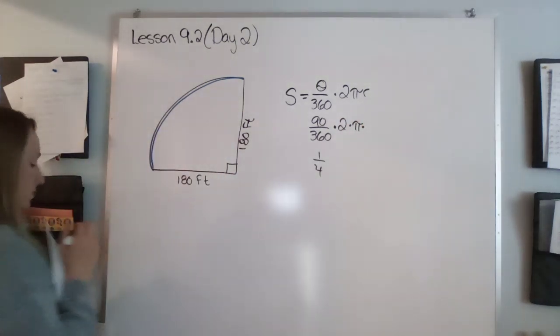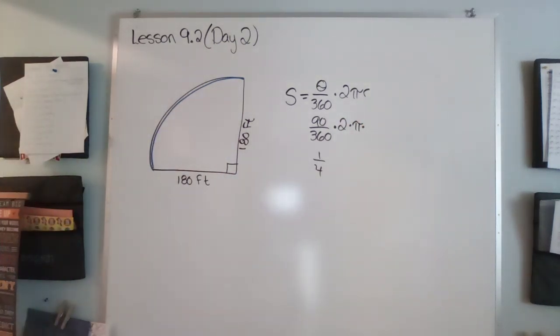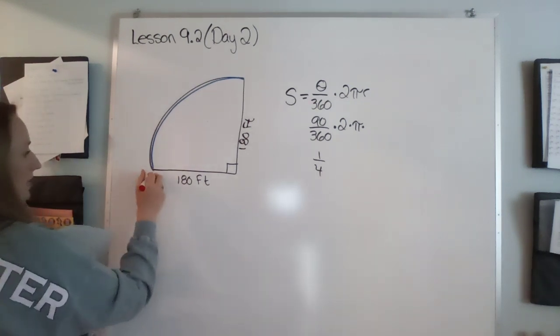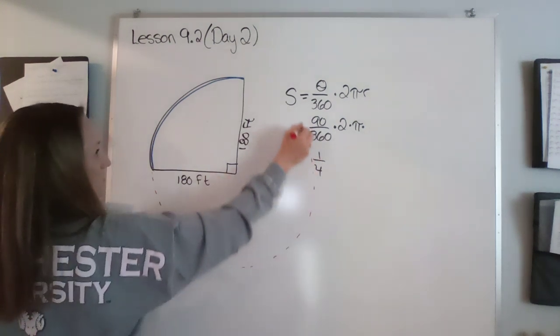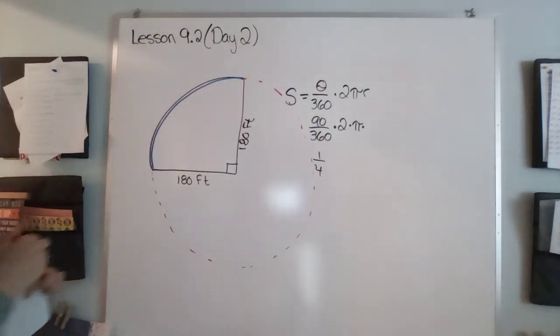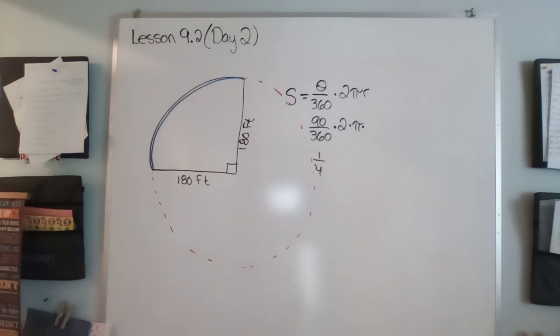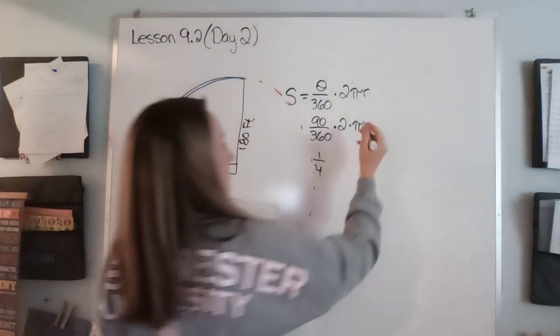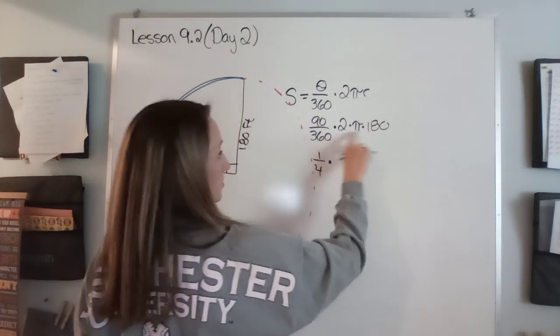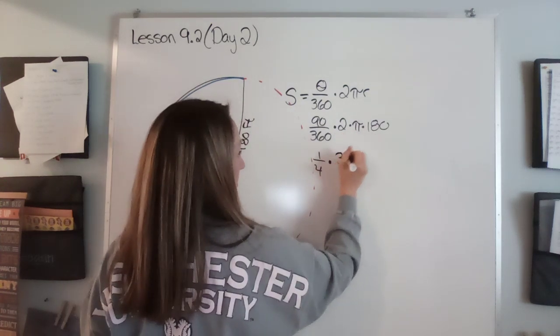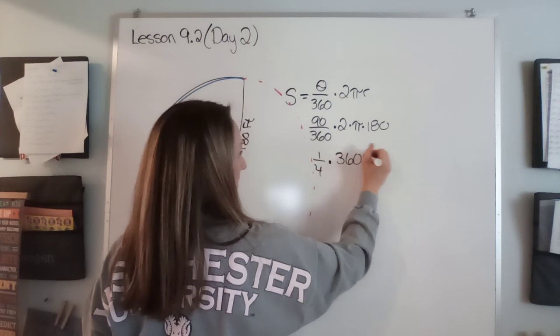And again, if this was a full circle, and maybe I should have drawn it as a full circle, your radius will be 180, right? So you kind of have to view this as a whole circle, and the radius is that 180. So 1/4 times, well, 2 times 180 is 360, so I can clean that up a little bit.